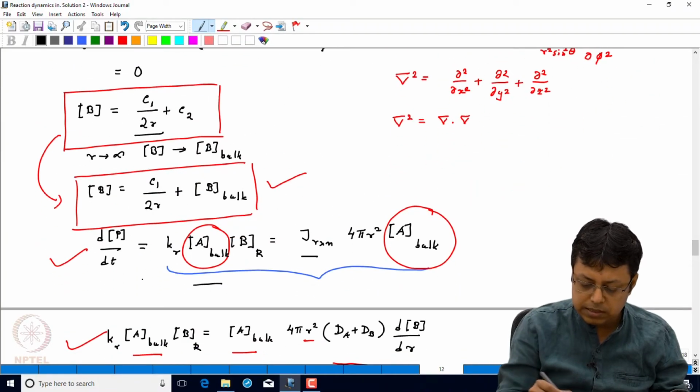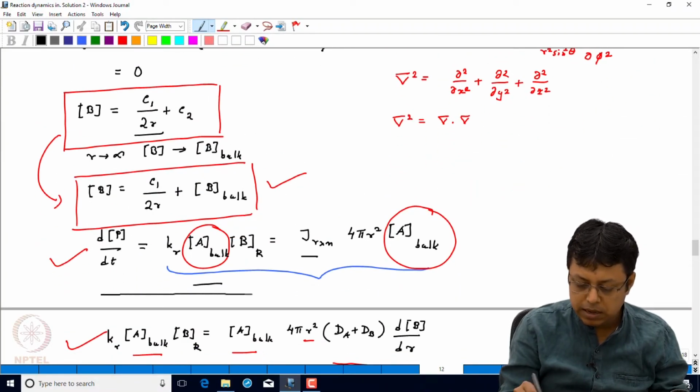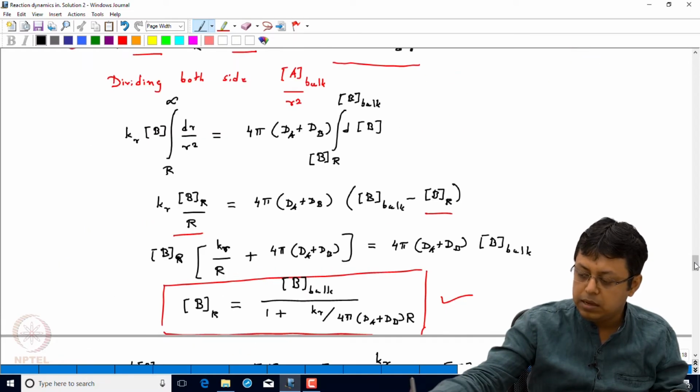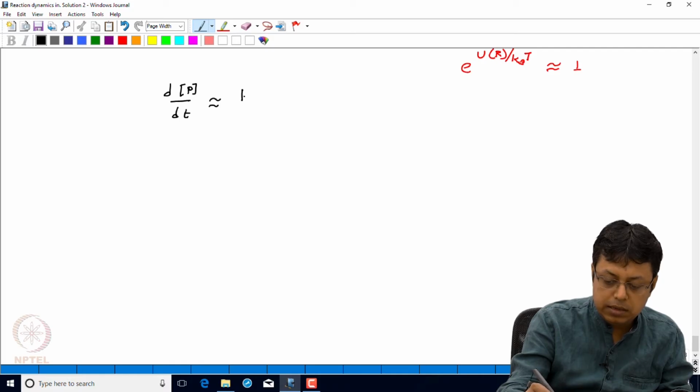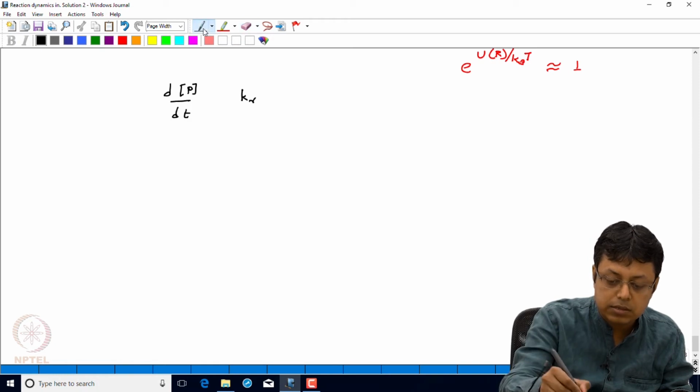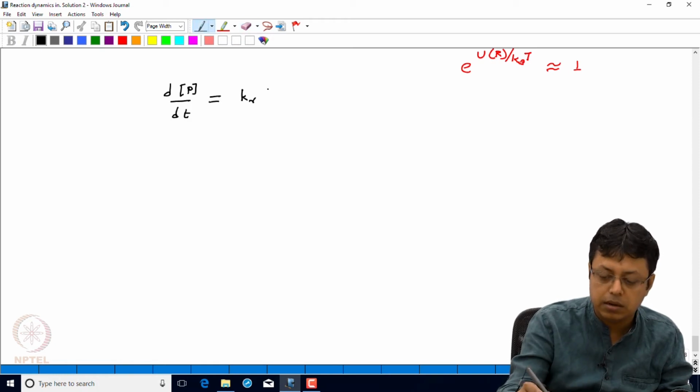It was Kr times A bulk into B at r. So up to this point, this is the exact thing. So this is K under diffusion limited rate.